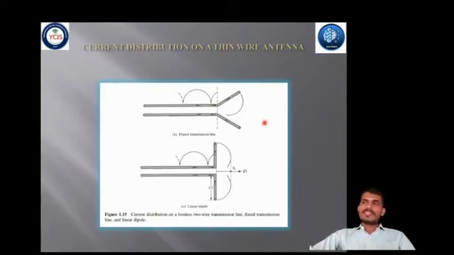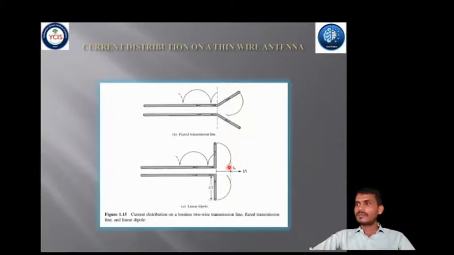Ultimately, the flared section of the transmission line can take the form shown in figure C. This is the geometry of the widely used dipole antenna. Because of the standing wave current pattern, it is also classified as a standing wave antenna.